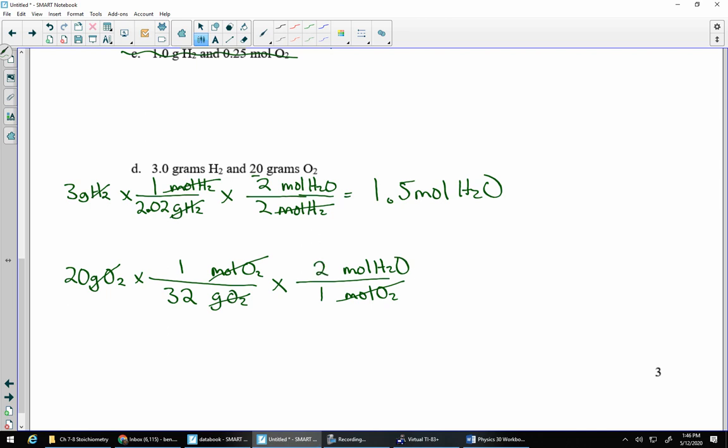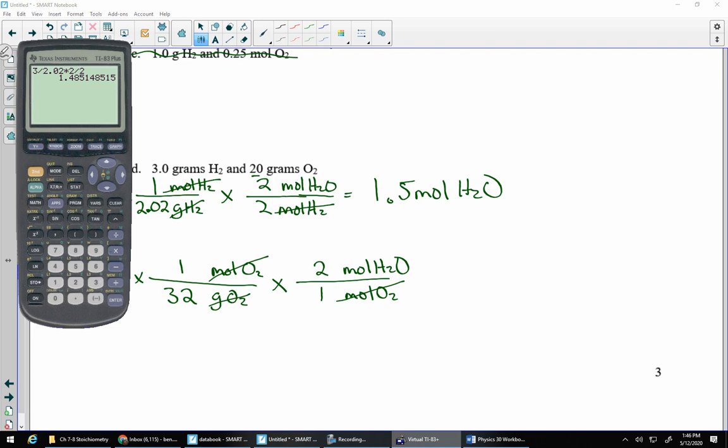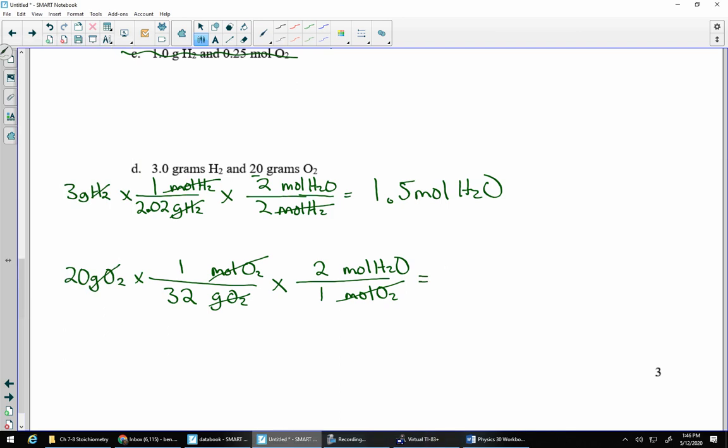Cool, okay, now I've got moles of oxygen. It was 20 grams, so 20 divided by 32 times 2. This is actually only going to make 1.25, or with sig digs, 1.3 moles of H2O.